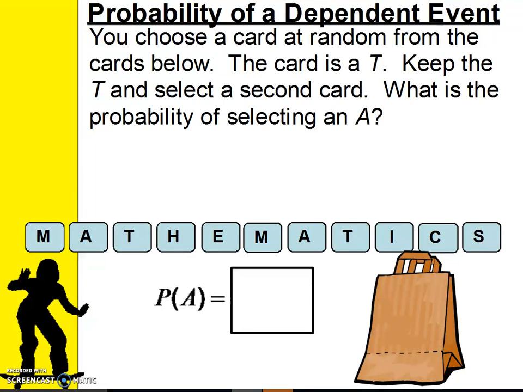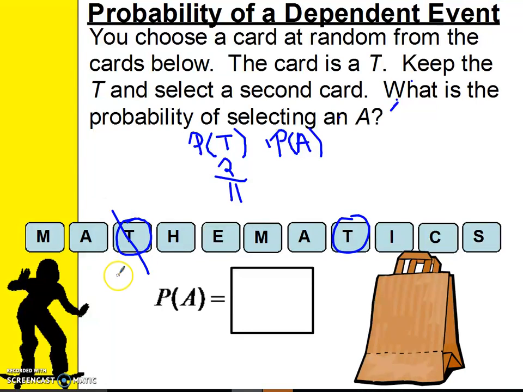You choose a card at random from the cards below. The card is a T. Keep the T and select a second card. What is the probability of selecting an A? Okay, so we're looking for the probability of T and not replacing it, and then selecting an A. So I have 2 T's out of a total of 1, 2, 3, 4, 5, 6, 7, 8, 9, 10, 11 options.